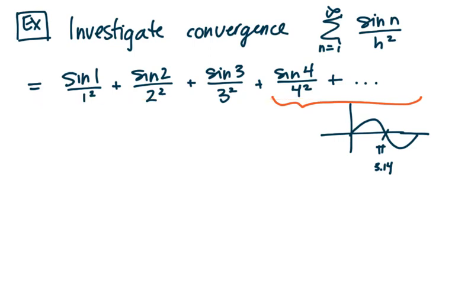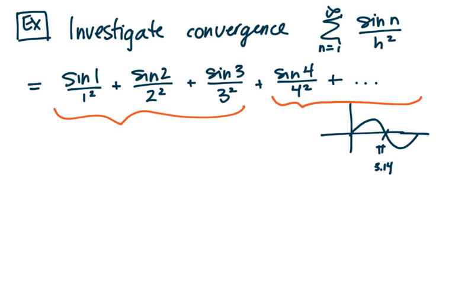So a negative over a positive is always going to be negative. So these first three terms represent a positive value, and the next three terms, 4, 5, and 6, will give us negative values. So we see we have positive and negative terms here.